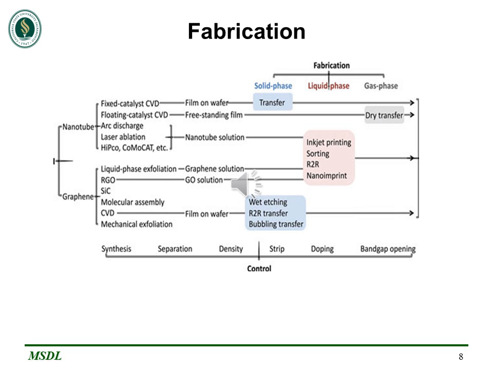For the gas phase fabrication, we have floating catalyst chemical vapor deposition, which we do for nanotubes, and then this film is transferred onto a freestanding film, and then that freestanding film, on certain environmental conditions for the gas phase, we dry transfer onto the flexible substrate.